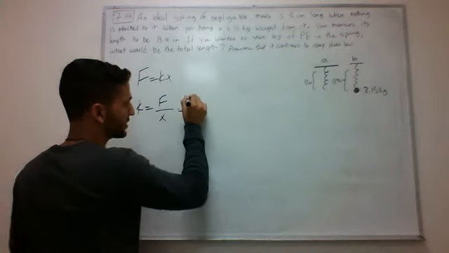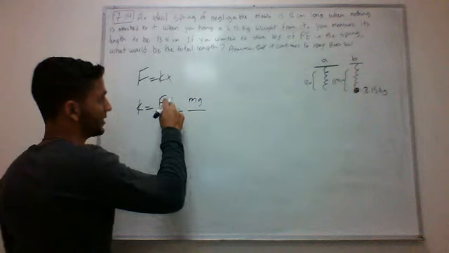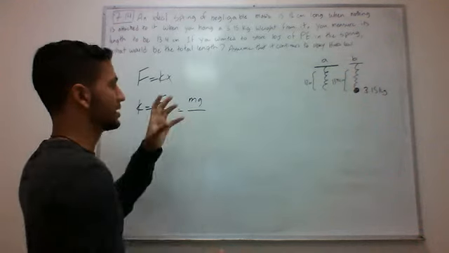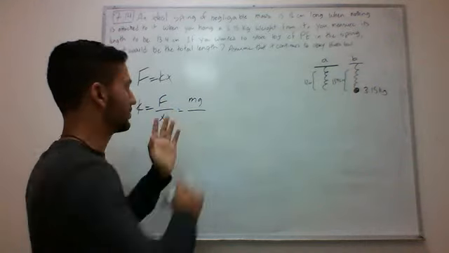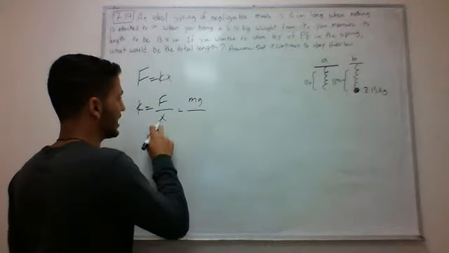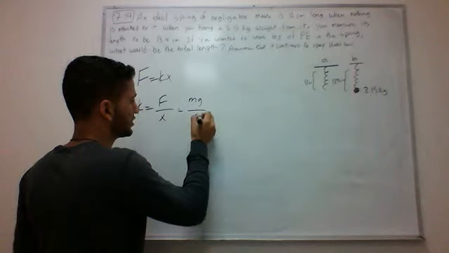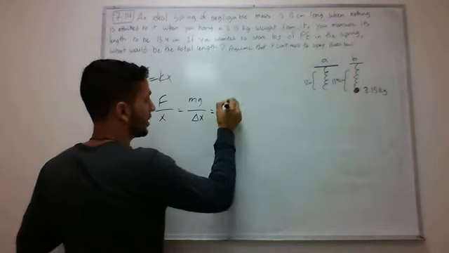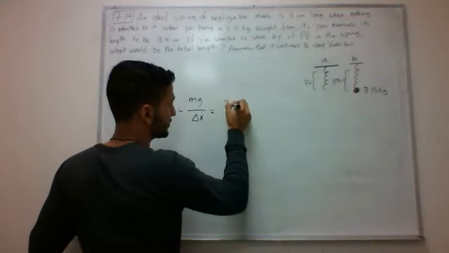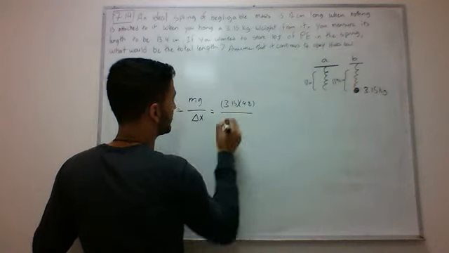As we said, F equals mg, because it's vertical, so the force is mg. And the length is, in this situation, the change in x. So it's going to be 3.15 times 9.8 divided by the length.